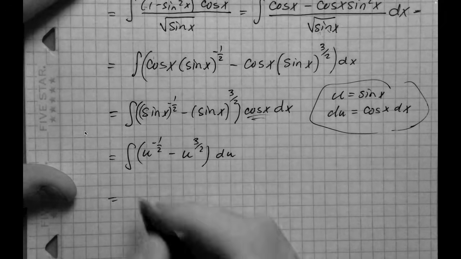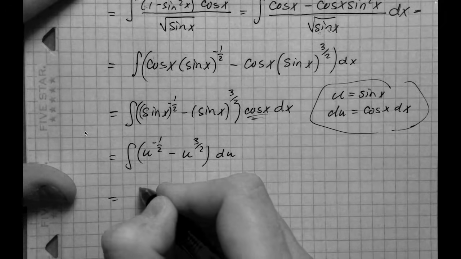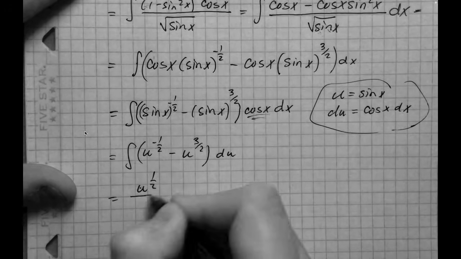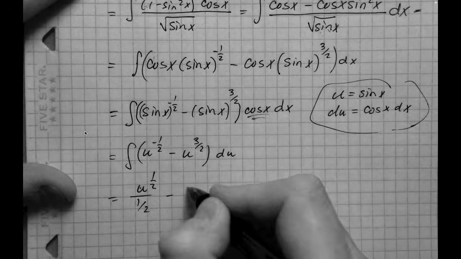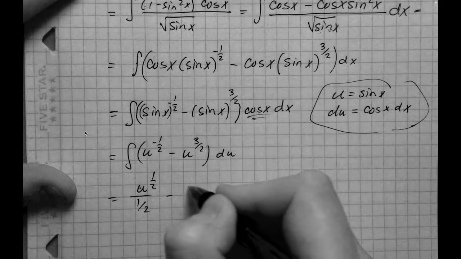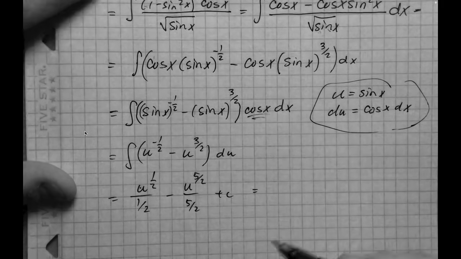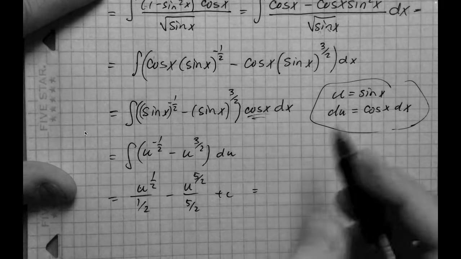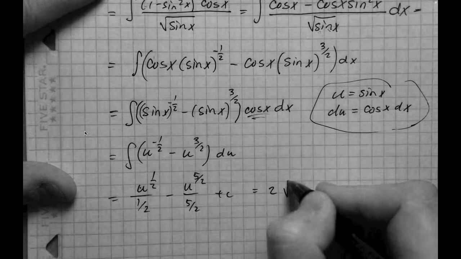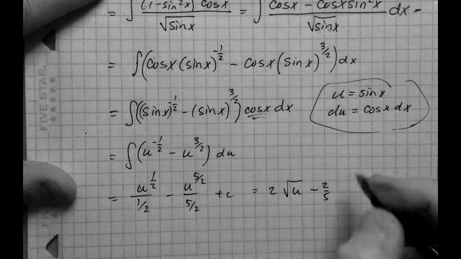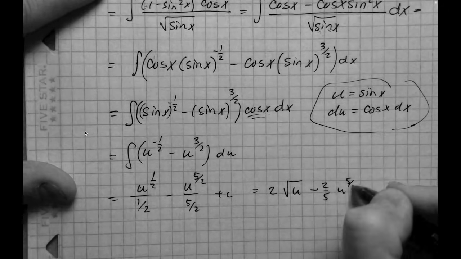Right, so then we can integrate this and we get, what do we get? u to the 1/2 over 1/2 minus u to the 5/2 over 5/2 plus c. And so we get 2 times the square root of u minus 2/5 times u to the 5/2 plus c.